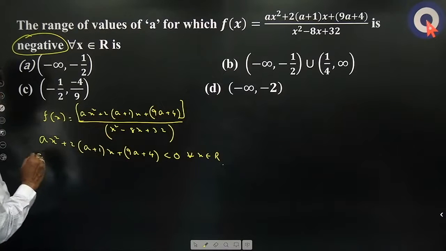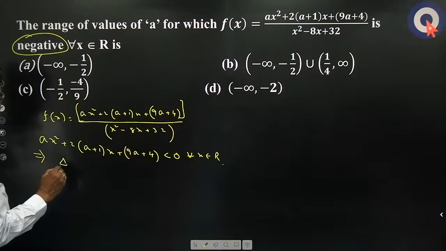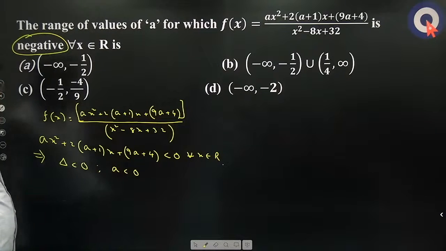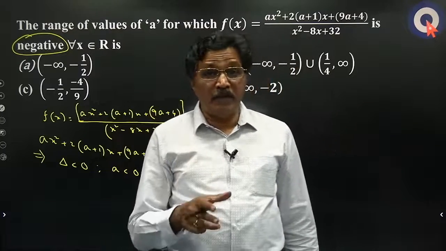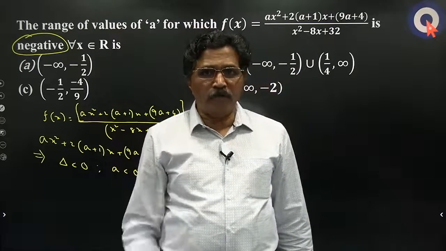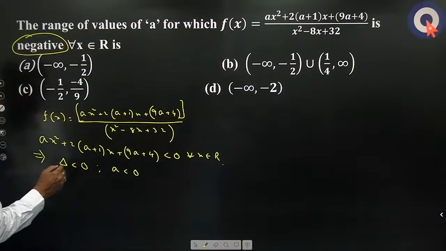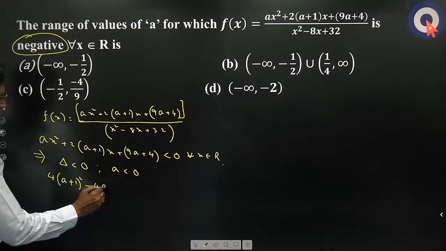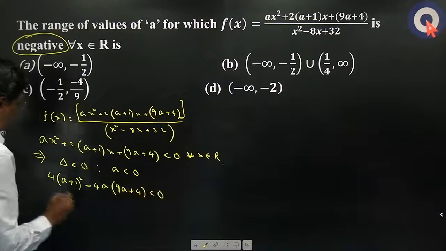Now, this is simple now. So for all x belongs to R, you should have delta less than 0 as well as a less than 0. The concept is when delta is less than 0, the sign of the quadratic expression is same as that of the coefficient of x square for all x belongs to R. So therefore, it has to be delta less than 0, a less than 0. So delta less than 0, b square minus 4ac has to be less than 0.